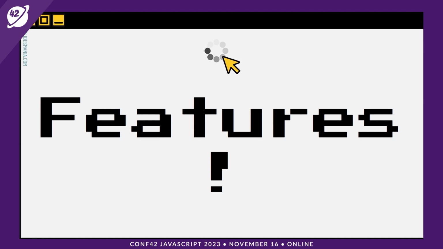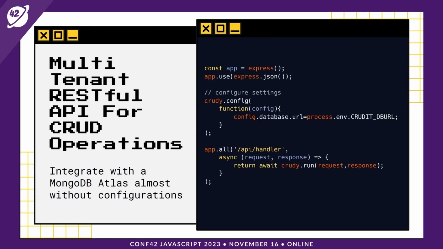Let's talk about these features one by one with some examples, because you need to see how crudit is really easy, and really fast to develop. This is the configuration we use for crudit in an edge function on Vercel for the crud feature.